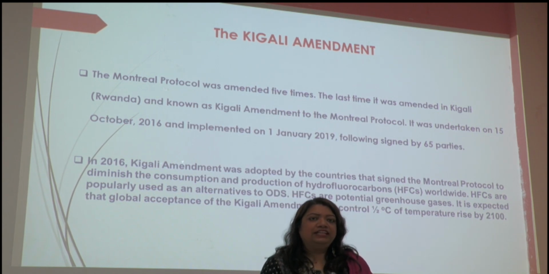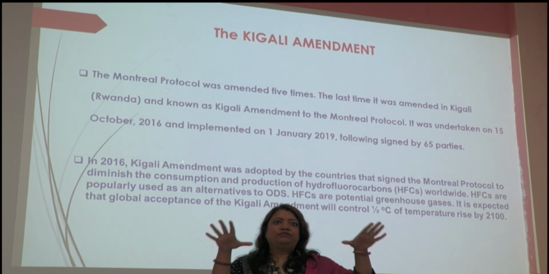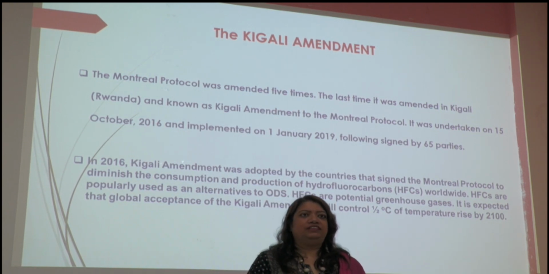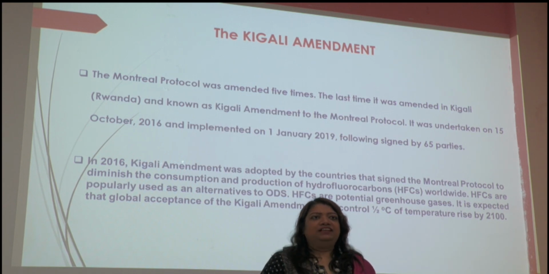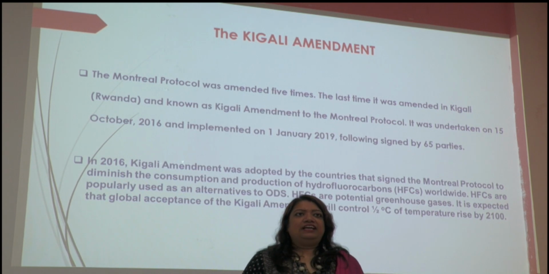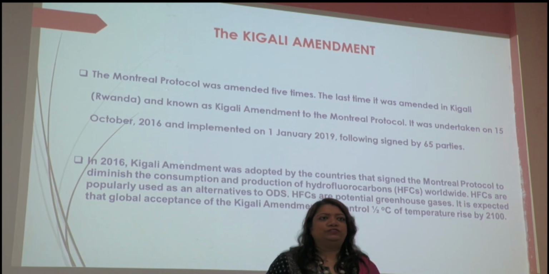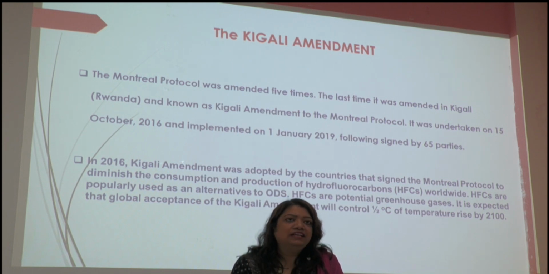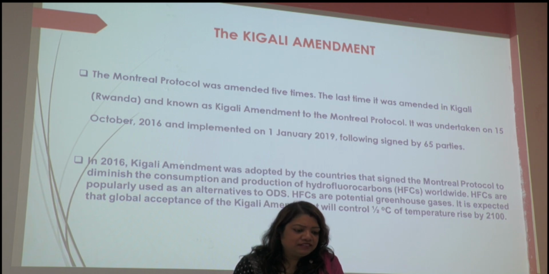So that is why the polar stratospheric cloud will not be destroyed. To make this cloud, we need more and more heat to go to the stratosphere. But our heat is actually trapped in the troposphere. That is why these greenhouse gases also have an immense effect on ozone layer depletion.